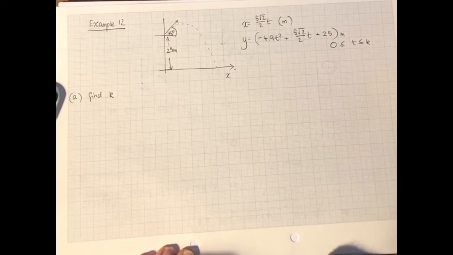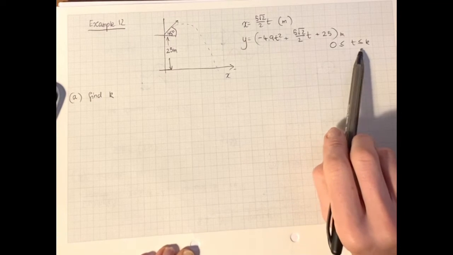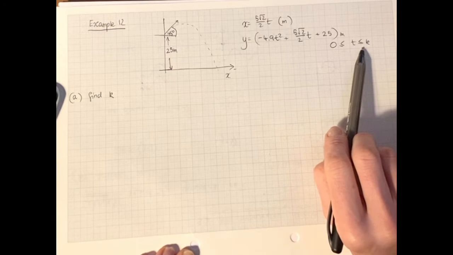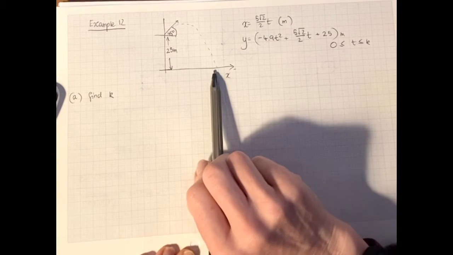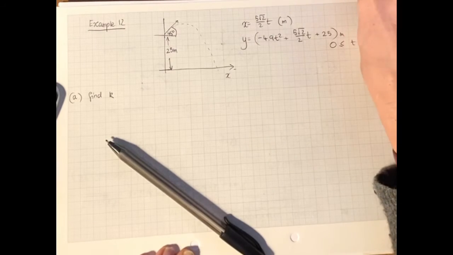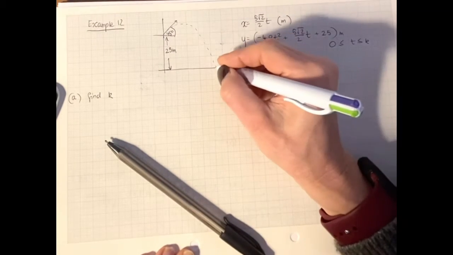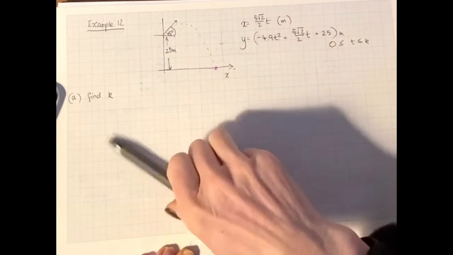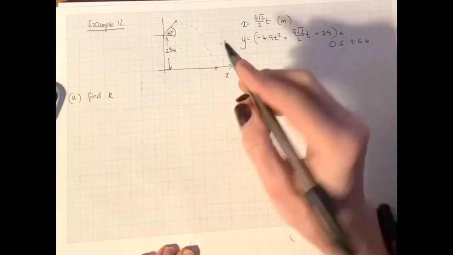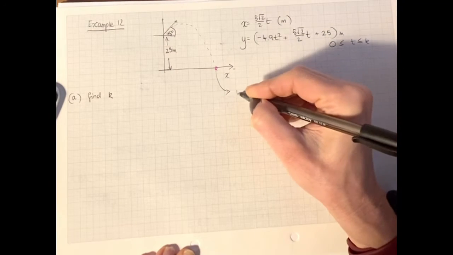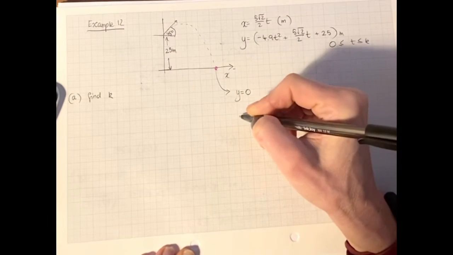So the first thing you notice is that the value of t reaches k. Now clearly k is going to be where the stone hits the ground, or the sea, whether it's being thrown into the sea or not. So this is what happens here. We are going to be on the ground level. So at this point, y is going to be equal to 0.